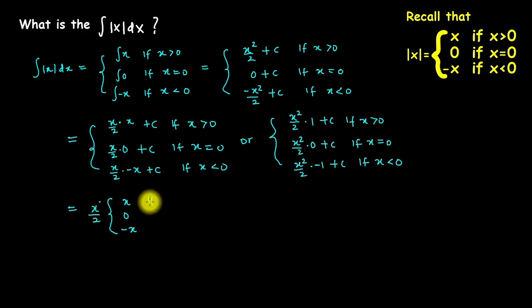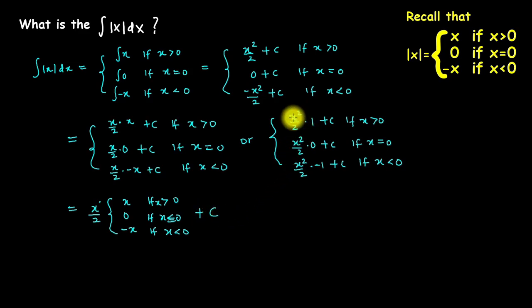This is if x is greater than 0, this is if x equals 0, and this is if x is less than 0. Of course, c is an arbitrary constant, so I can write my plus c out, so any expression I have here, I'll just add it to c. So instead of rewriting all this c, I can just write it as one c.